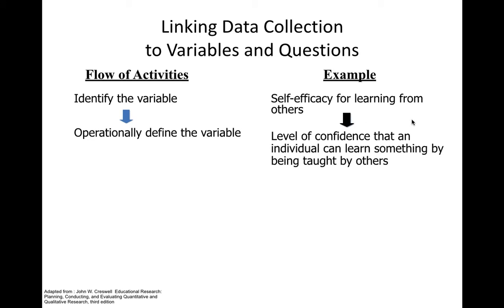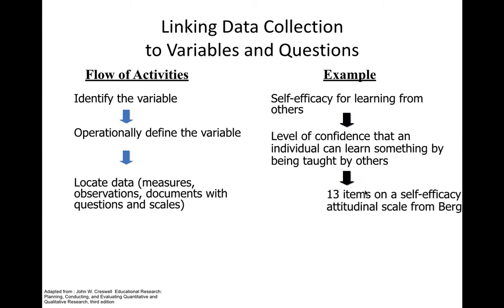So you operationally define the variable. We define self-efficacy as a level of confidence that an individual can learn something by being taught, by observing, by looking at what others do. So that's operationally defining the variable. Then the next one, of course, is locating data.